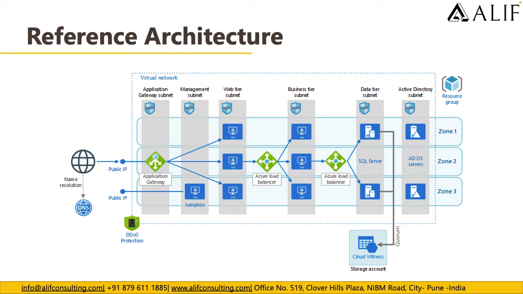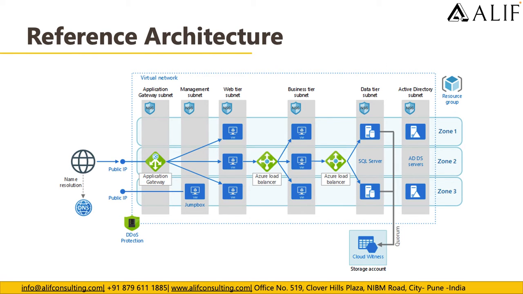Second, now we talked about architecture. Now let's talk about scalability and high availability, right? All of these VMs in the application tier, business tier, data tier, or Active Directory tier are separated across zones. In Azure, you have, I can say, two ways of doing high availability within a region.